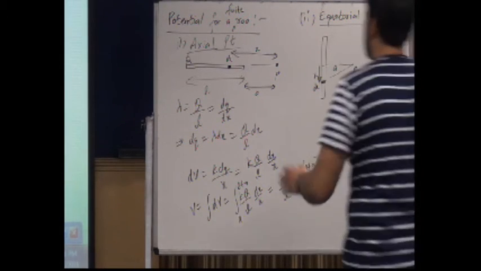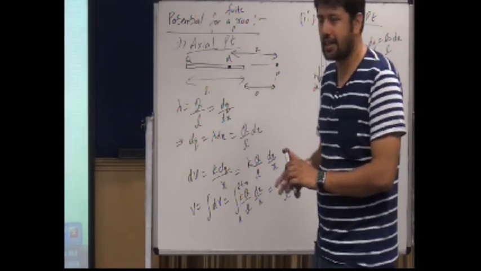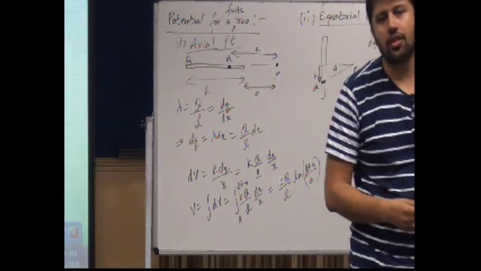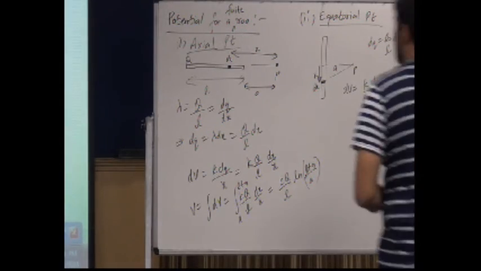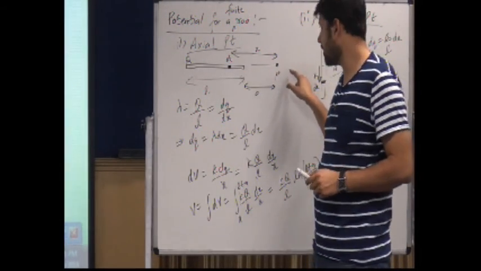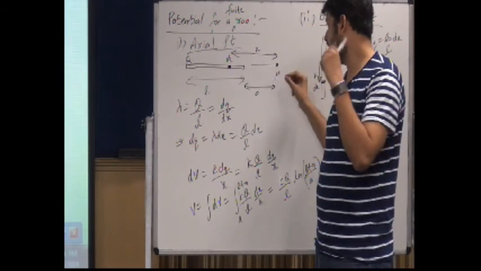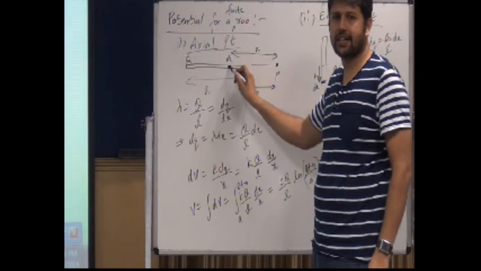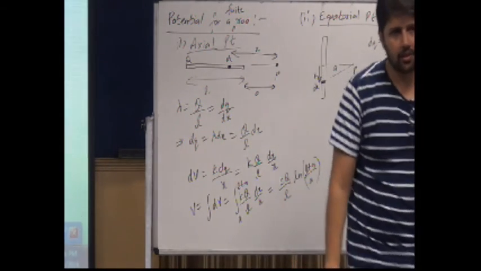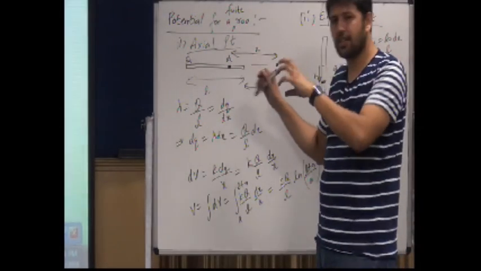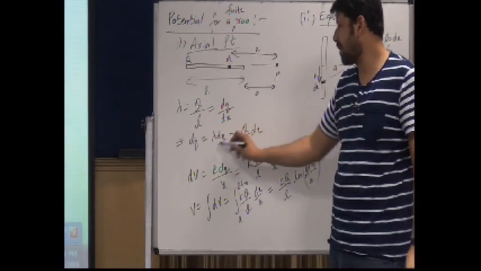So I think the camera and screen blacked out, so I'll explain. I was at the start of this axial point. We have this rod here, and the point P lies on its axial line. What we did is we took a small element dx at a distance x from point P. The charge in the small element dx would be lambda dx.